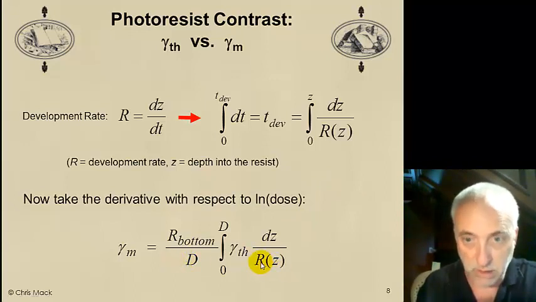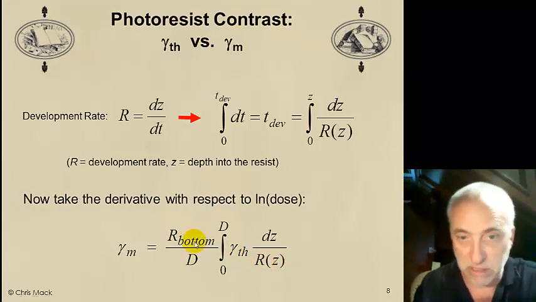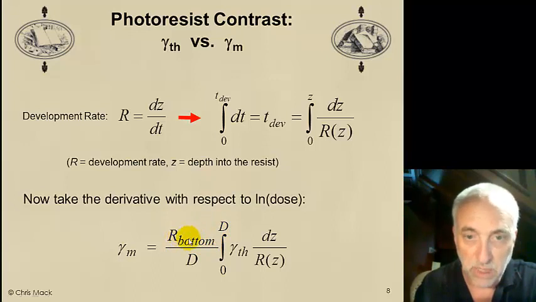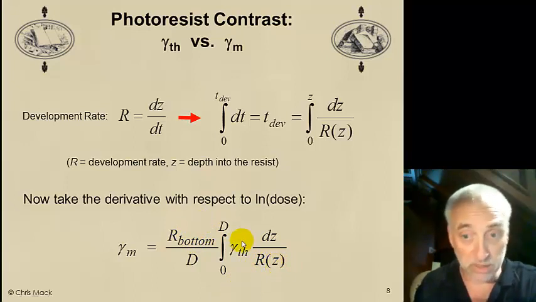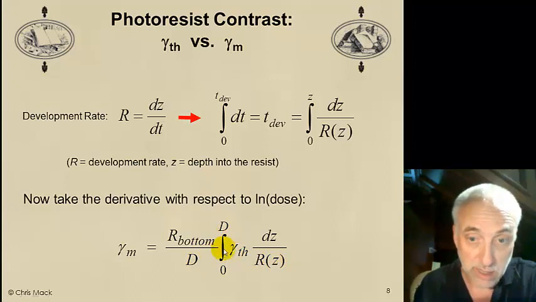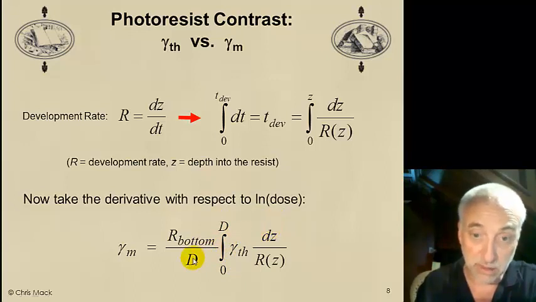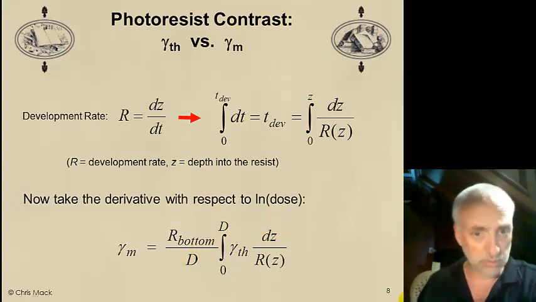In fact, r through the resist is the same as r at the bottom of the resist, and bottom is z equal d. These two things are the same number, and they cancel out. If r doesn't vary, then gamma doesn't vary. Gamma can come out of the equation. The integral from 0 to d of dz is simply d, and the d's cancel here and here. The result? Gamma measured equals gamma theoretical.